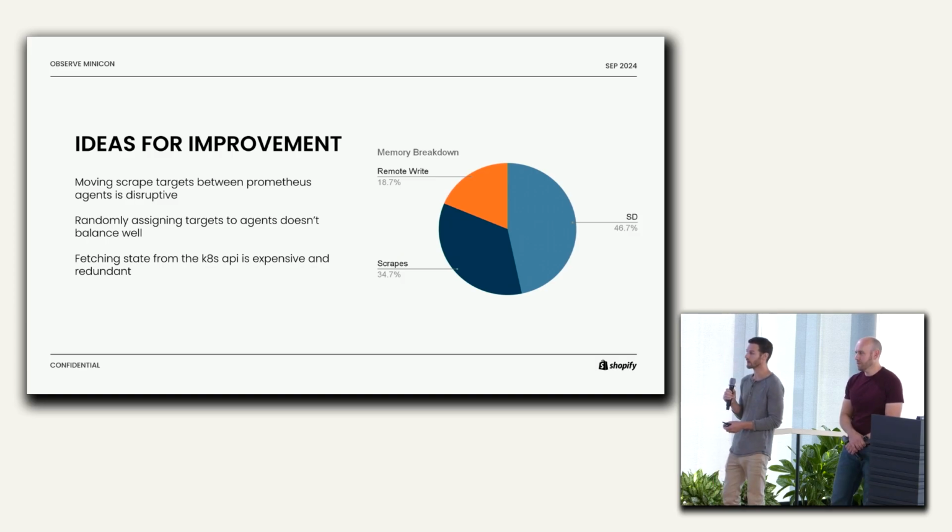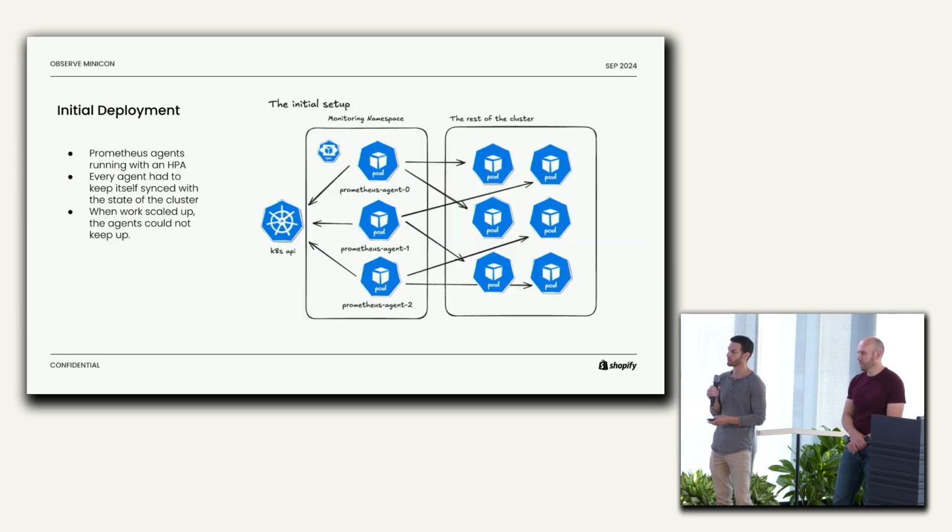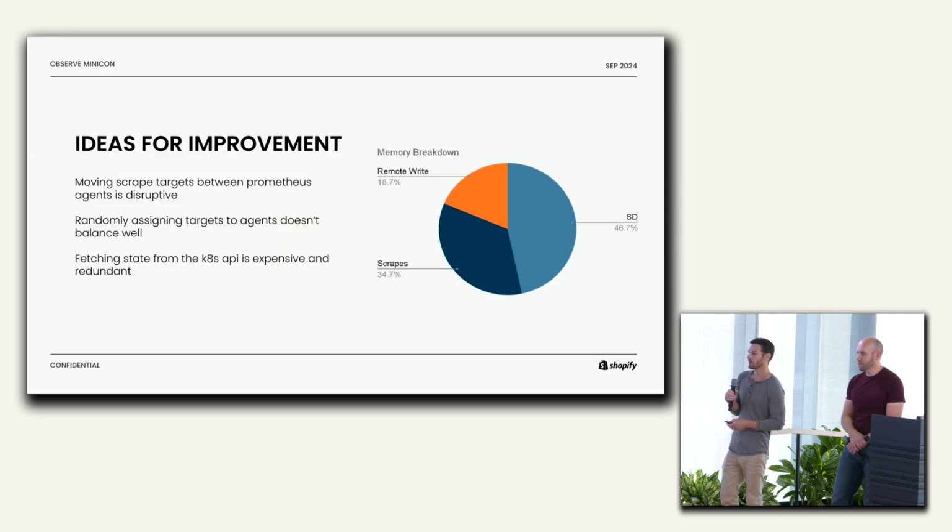And this is redundant work because you have multiple Prometheus agents, and each one of them is discovering all targets that exist in the entire cluster. So they're all doing the same work, and then taking only their slice of the pie of those targets. So yes, fetching the state from the K8s API is expensive and redundant.